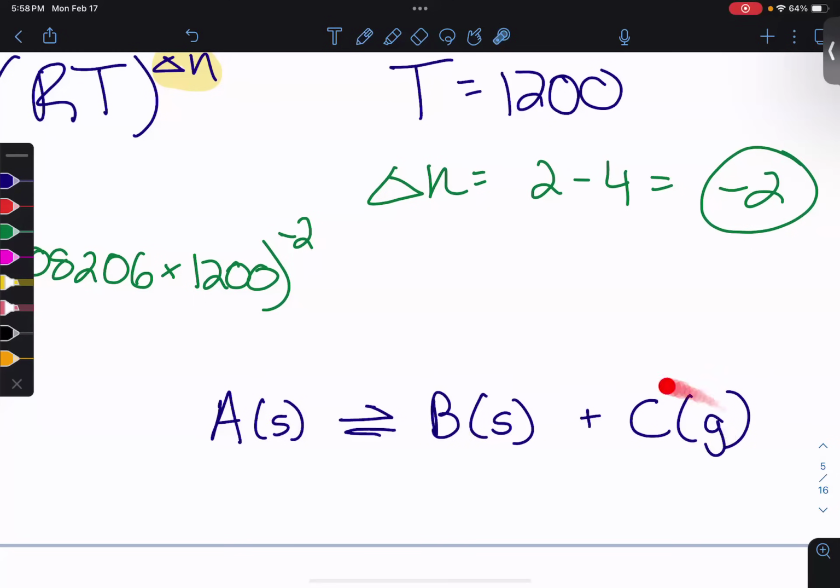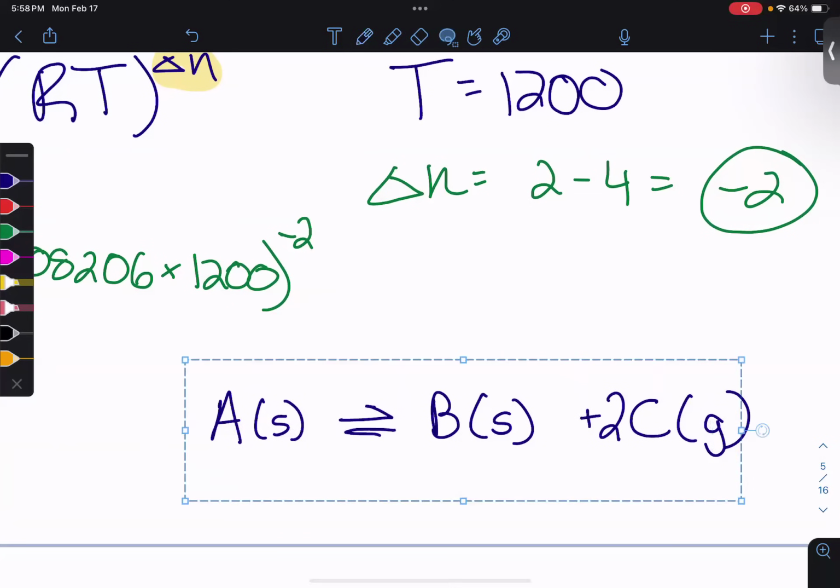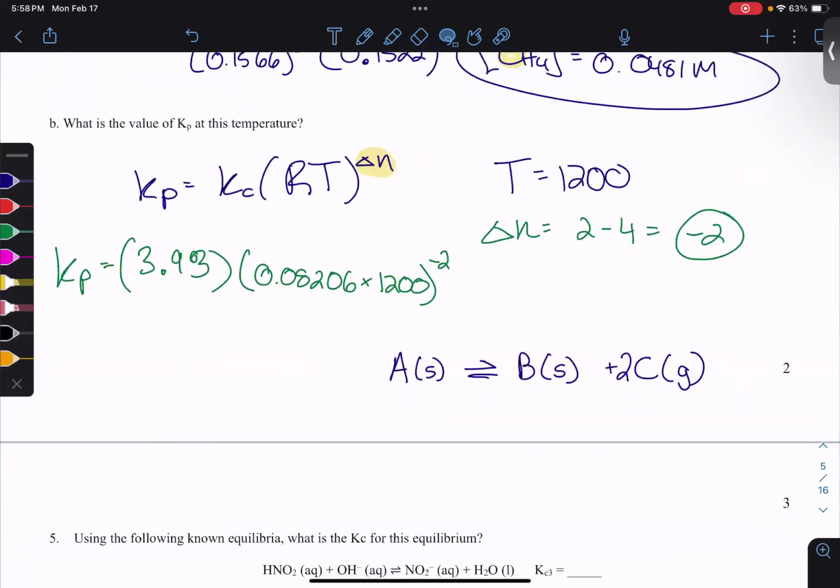Because I have 1 mole of gas on my product side and how many on my reactant side? 0. So it's 1 minus 0 in this case. But again, or if I had this, then here delta N would be 2. All right? Solids do not count, or liquids or anything aqueous does not count when you are calculating delta N. All right. Good.